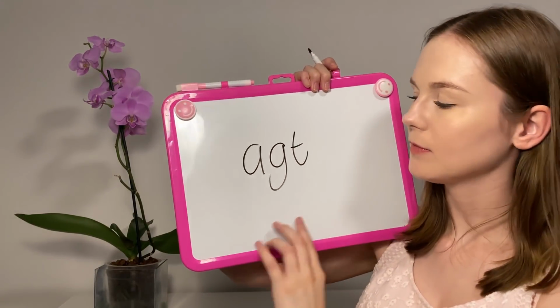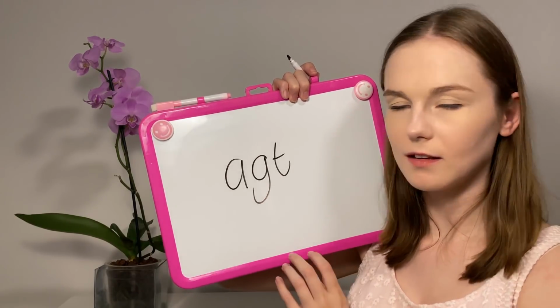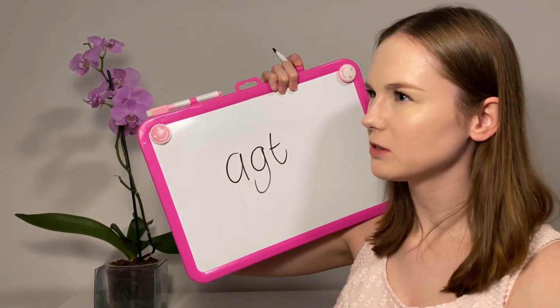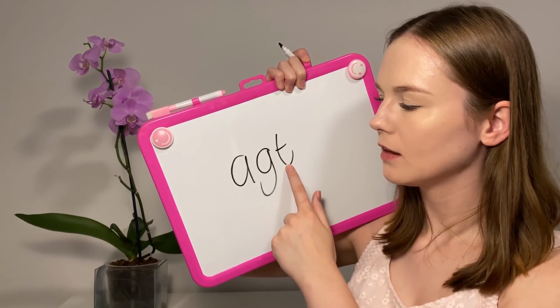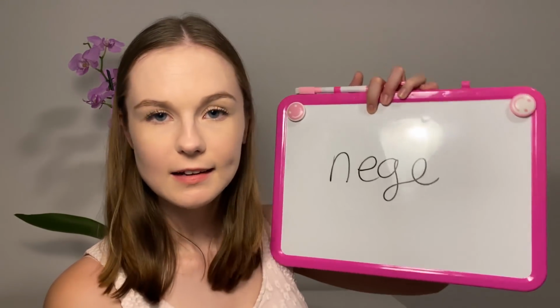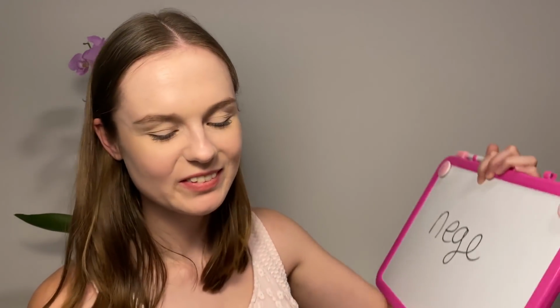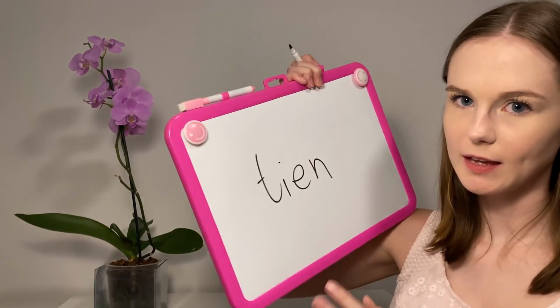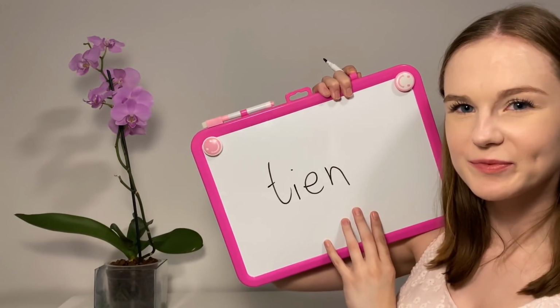And then 8 is agt. Again, the H sound. And I think some people say ag without the T. You can either say agt or just ag. And then 9 is nege. I told you that G sound comes up everywhere. And then 10, pretty simple. It is tien.